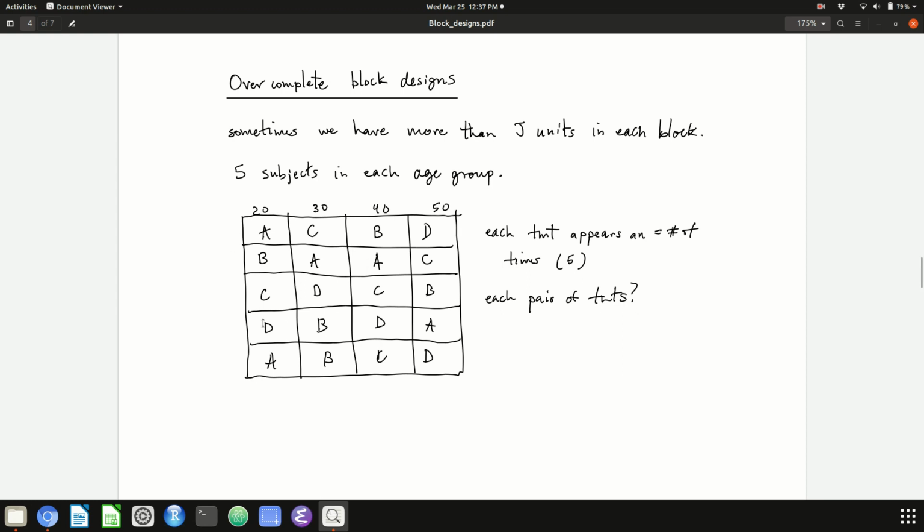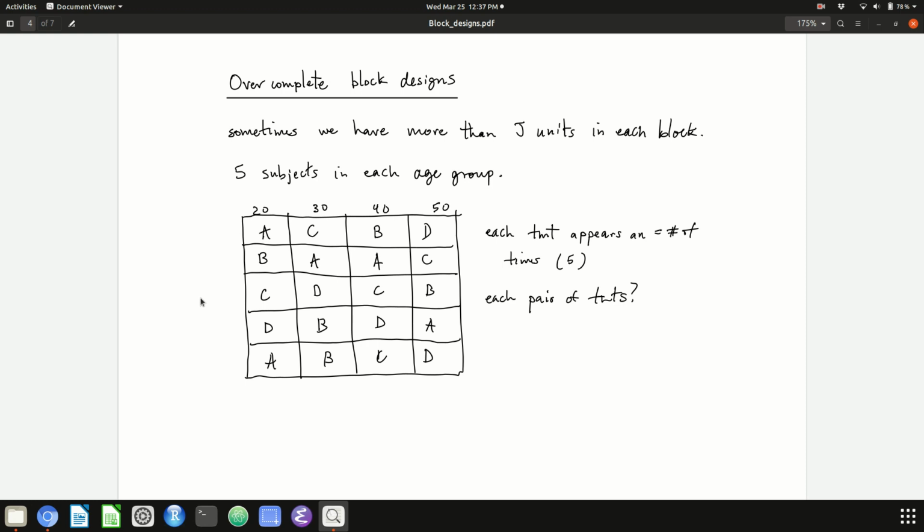So in this first block, you did A, B, C, D, and then you did A again. Second block, you did B again. Third block, you do C again. And the fourth block, you do D again. So in this case, this is a balanced design. Each treatment appears an equal number of times. Each treatment appears 5 times if you just go through and count them all up.